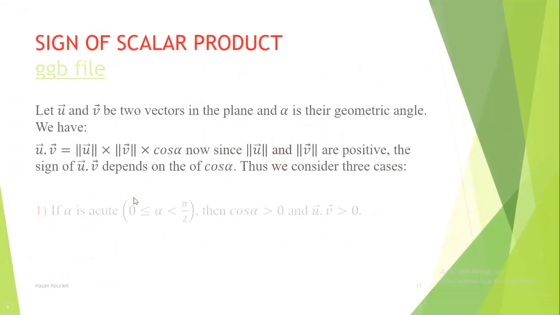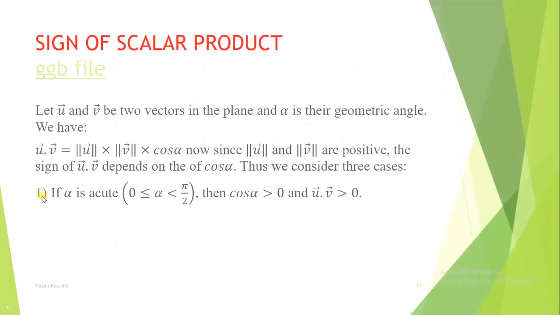Okay, let's go back to see these three cases. The first case, if alpha is acute, meaning alpha is greater than or equal to 0 and less than pi over 2, which is equivalent to 90 degrees, then, as you know, cosine alpha is positive, and u dot v will also be positive.